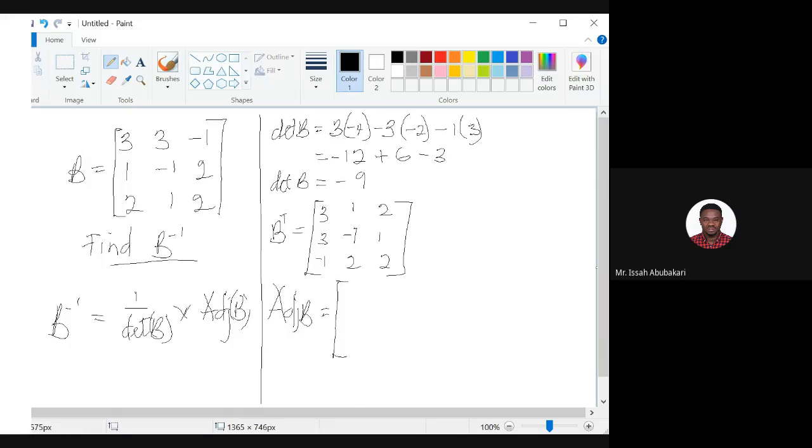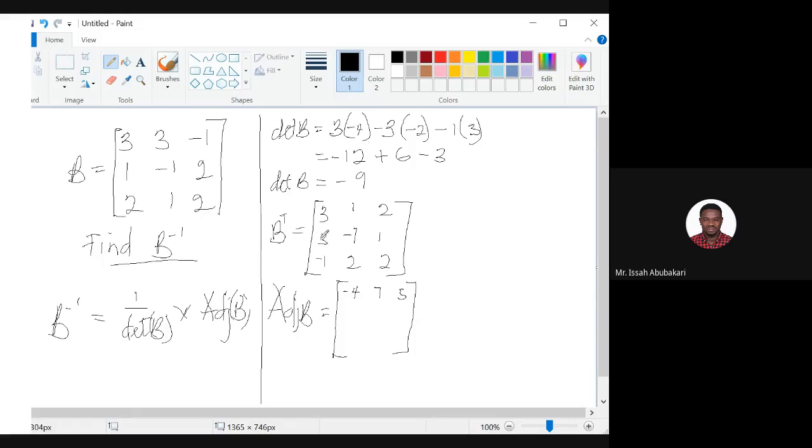What will be the determinant of the first element? You are going to get -1 times 2, -2, minus 2 is -4. Next one is 2 times 3, which gives us 6, minus -1, so 6 plus 1, that will be 7. And then the next one is 6 minus 1, that will be 5.